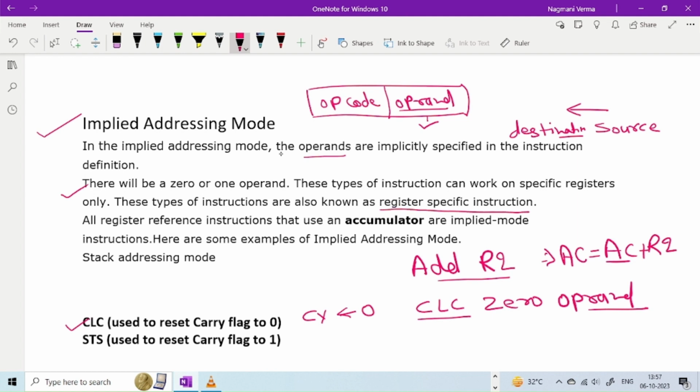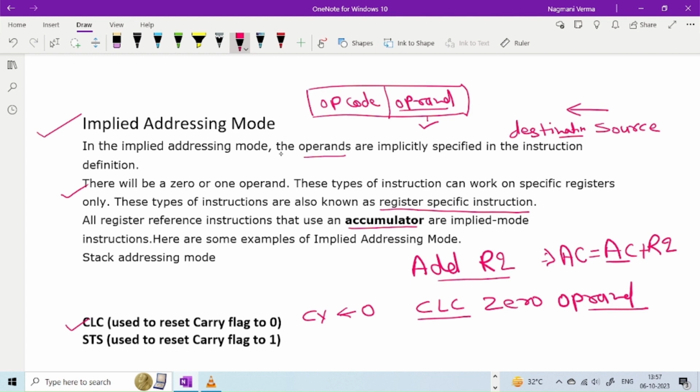So implied addressing mode is also called a register specific instruction, because each instruction specifies specific registers for the data, because the operand is not given. So the CPU can understand from where it has to take the data and where it has to store the data. Generally for arithmetic and logical operations, they use the accumulator to store the intermediate value or the data.